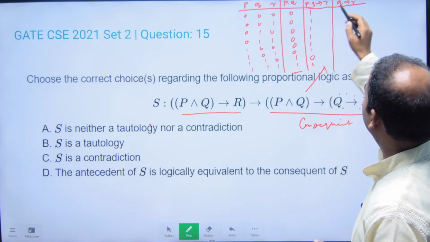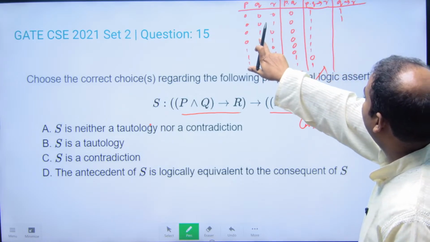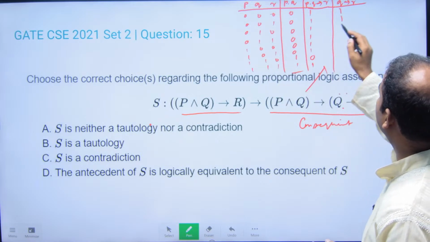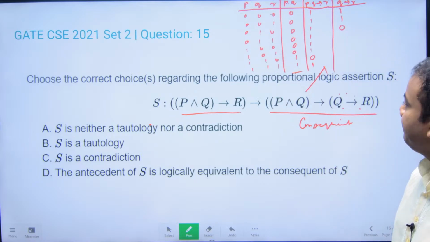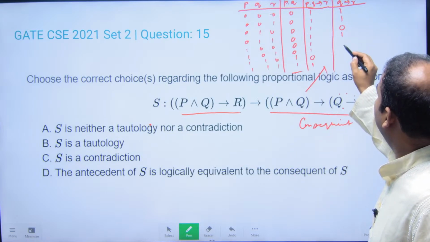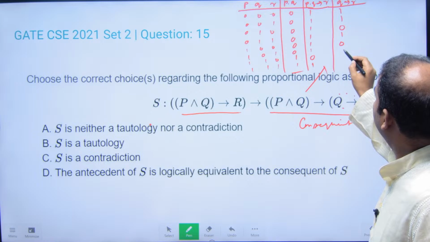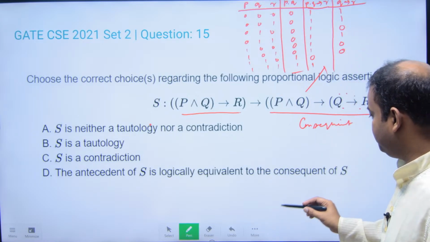Q is 0, so here it will be 1. Q is 0, so here it will be 1. Now if Q then R, so this is 0. This is 1. Again 0, 0, not 0.